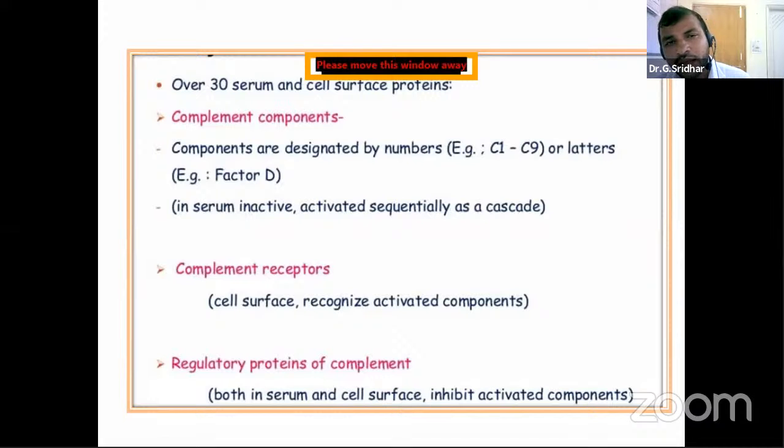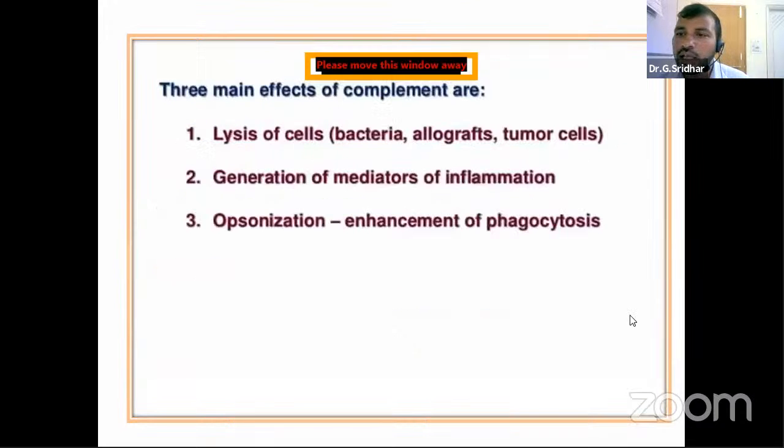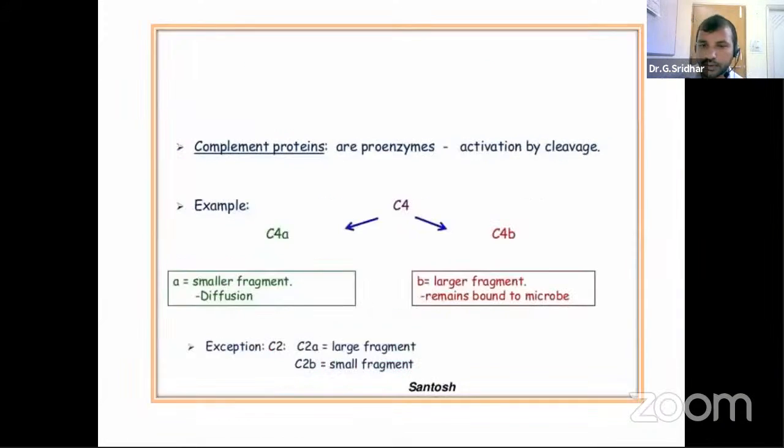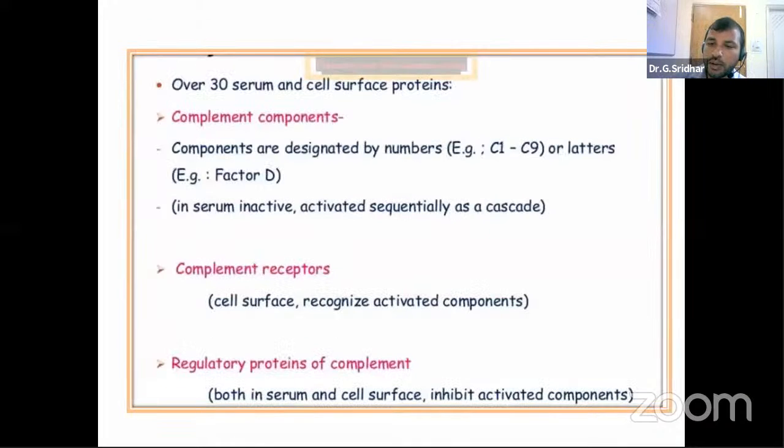Then C3b can activate the other protein, but C3a cannot activate because this smaller subunit works as a chemical mediator to send the signal to the main immune system. That's why cell surface receptors recognize the activated components. Then regulatory proteins of the complement system, both in serum and on the cell surface, inhibit the activated components.